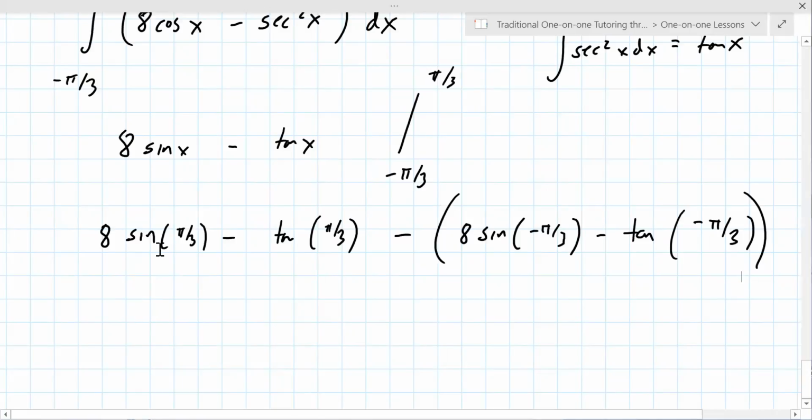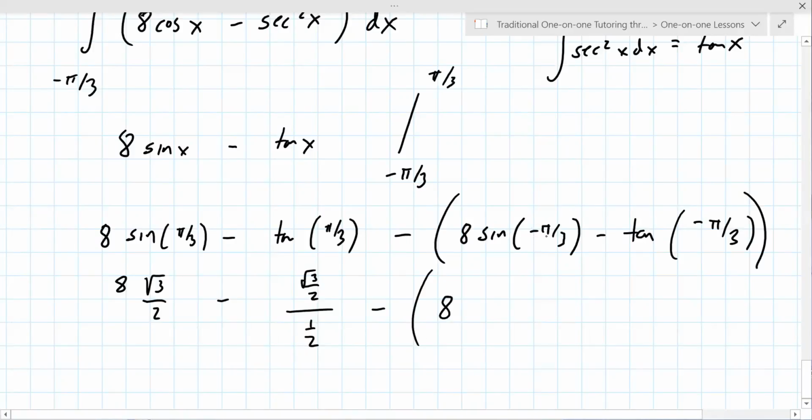So sine pi over 3 is square root 3 over 2. Tangent pi over 3 is sine over cosine, so it's square root of 3 over 2 over 1/2, which is square root of 3.